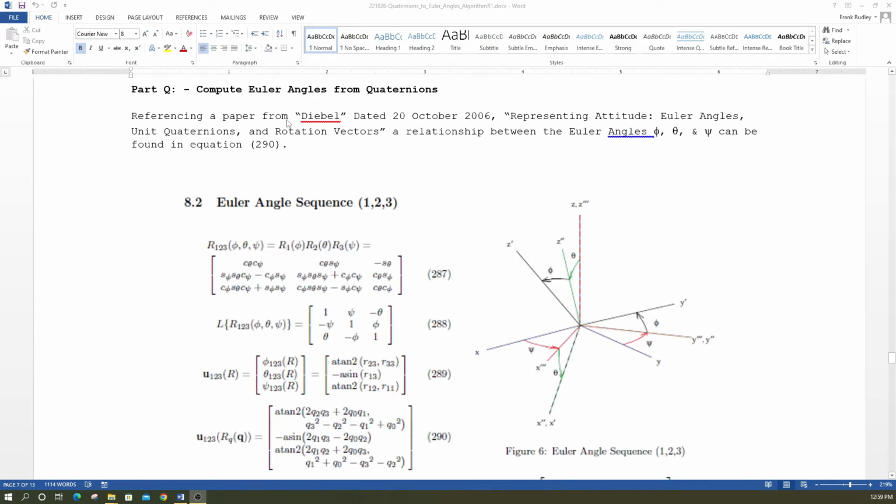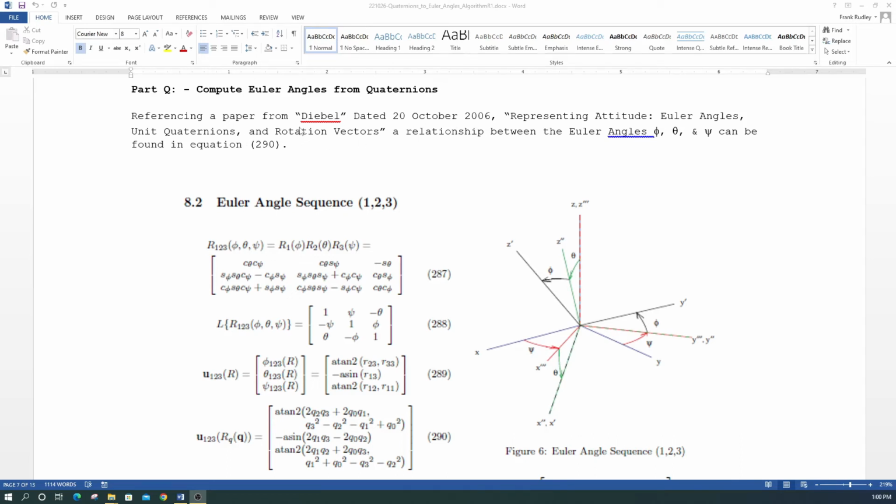Referencing a paper from Diebel dated the 20th of October 2006, this is a pretty good paper that I was able to just download off the internet, and it has a lot of transformations for all the different combinations. Pretty big paper, so I just took a little piece out of it.